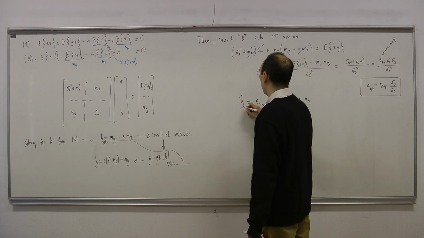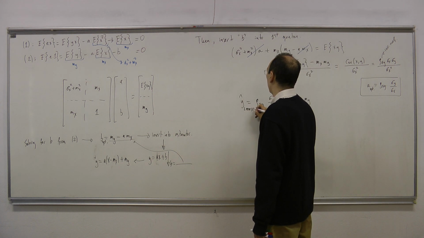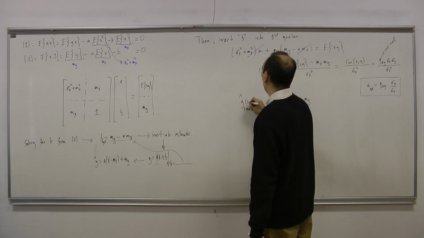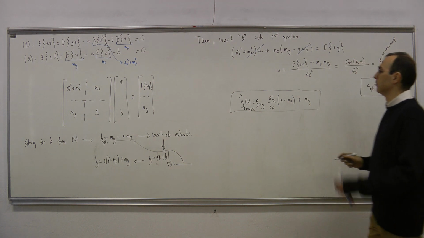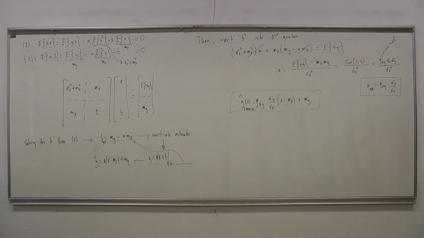So this is my linear minimum mean square error estimator for y given x. Okay. So I get my estimator like that.